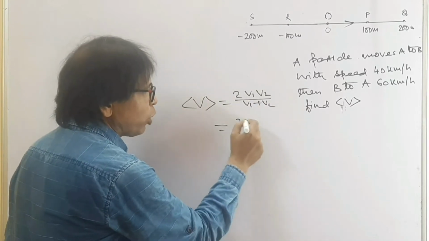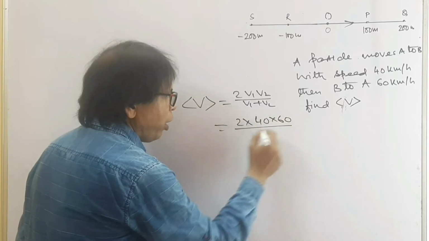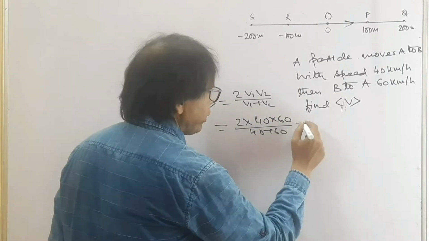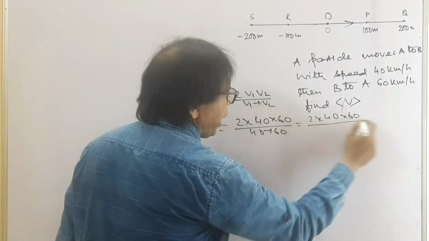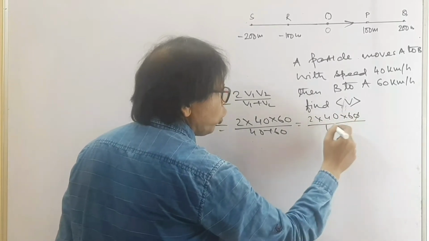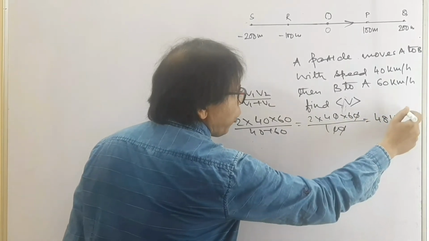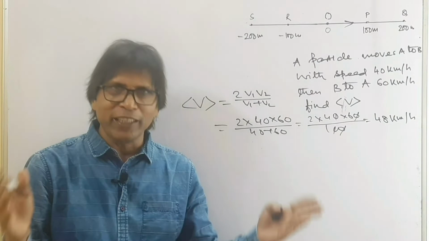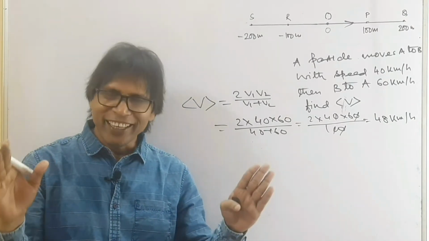So 2 into 40 into 60 divided by 40 plus 60, which is 2 into 40 into 60 divided by 100. The zeros cancel out, so 48 kilometer per hour is the average speed in the forward and return journey.